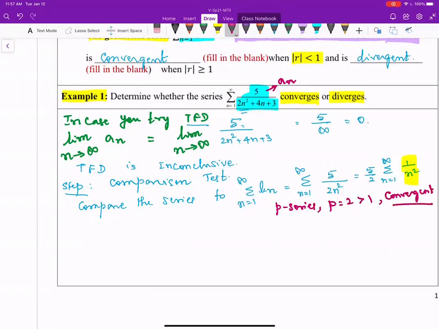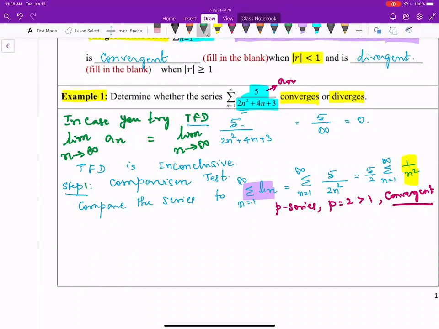When we say sigma bn should be a well-known series, you should make sure that you are able to find out its convergence or divergence. That's why we normally choose geometric series or P series. So we can say definitely when it converges, when it diverges. So you are going to compare the given series sigma an to this sigma bn, which is known to be convergent.